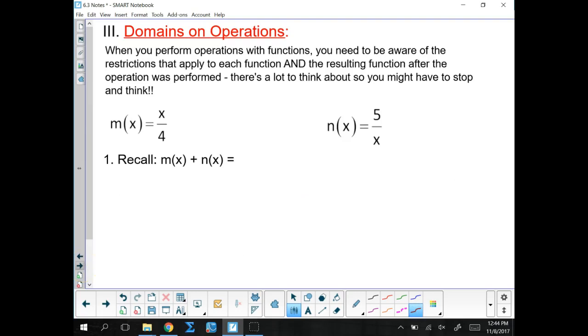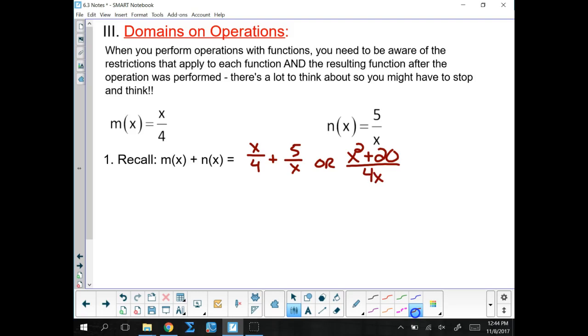Now, let's go back to that second slide, that first example that you did by yourself. So we had m of x and n of x. Then I said, now we've got m plus n of x, and we said that was x over 4 plus 5 over x, or we wrote it as x squared plus 20 over 4x.